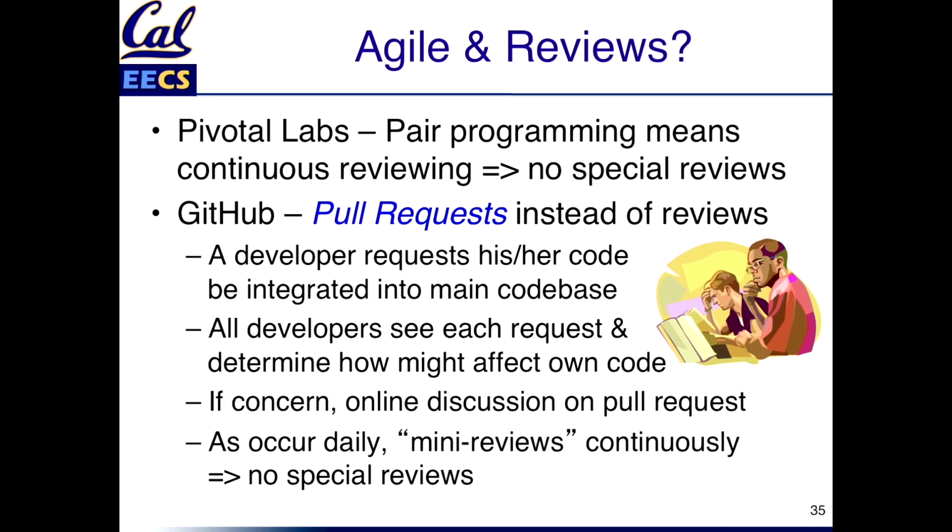Because people are doing these code reviews all the time, every day, there are mini reviews happening continuously. So once again, this agile organization doesn't do special reviews. They just do this pull request. So that's how that fits in.